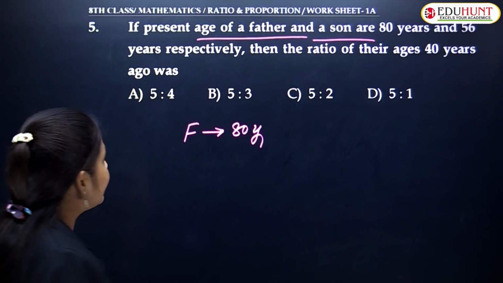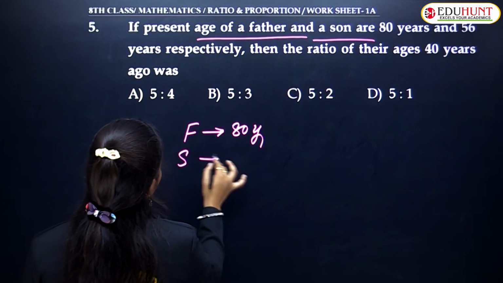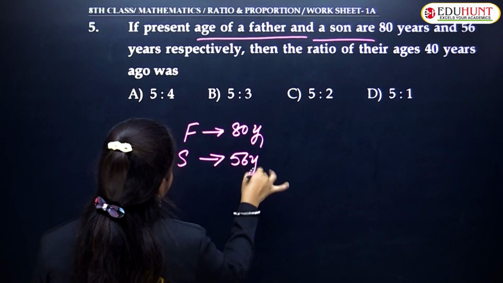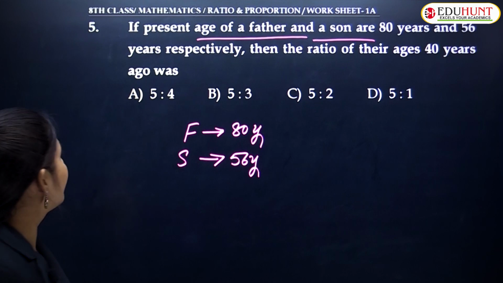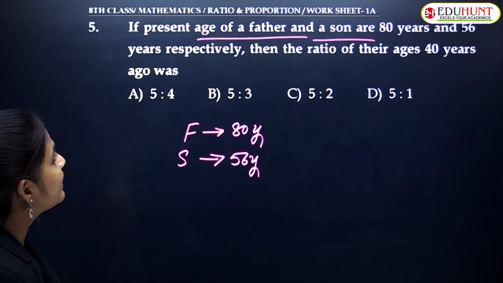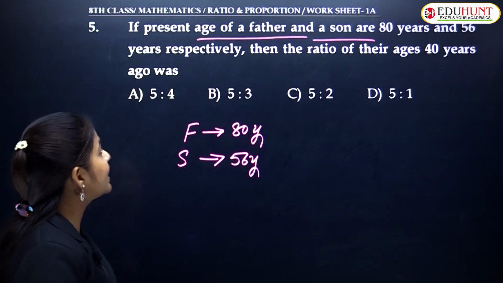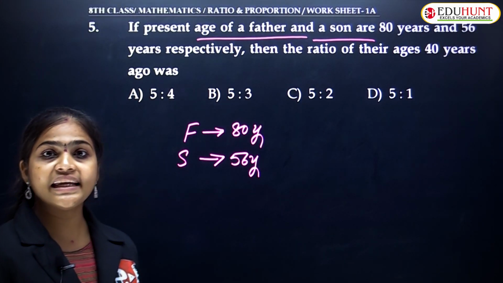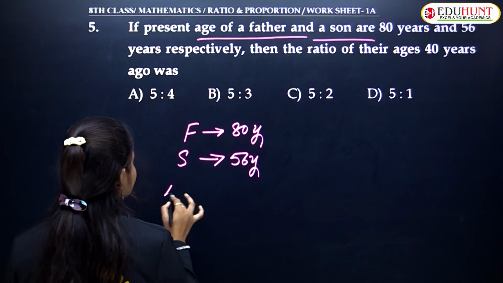Father's age is 80 years and son's age is 56 years. Now what are they saying? Then the ratio of their ages 40 years ago.